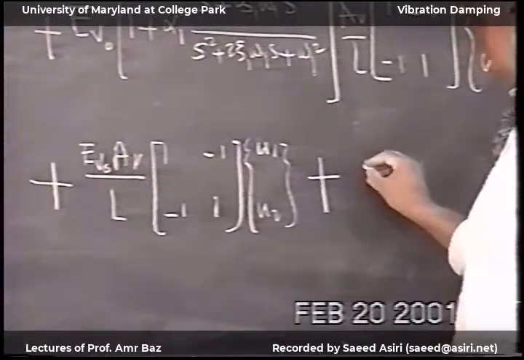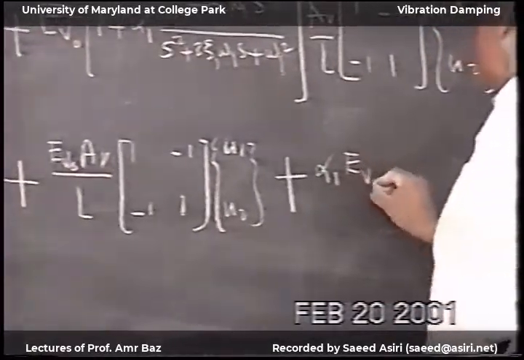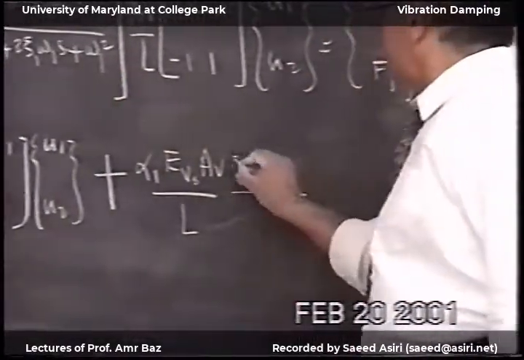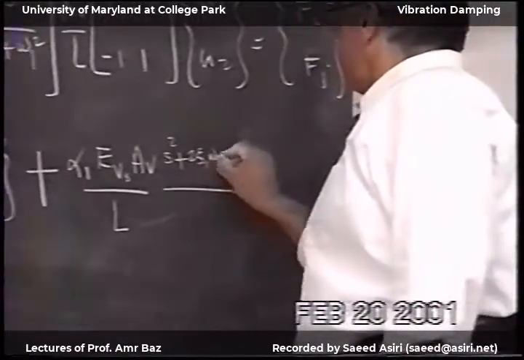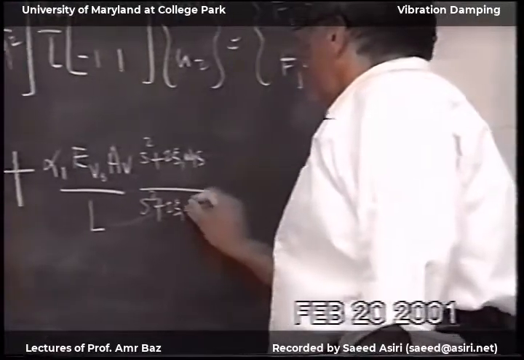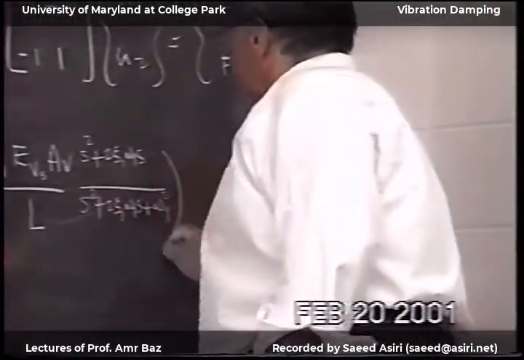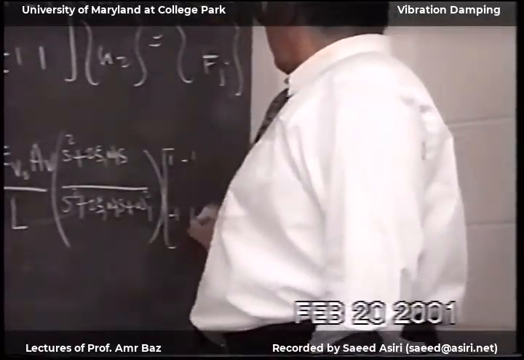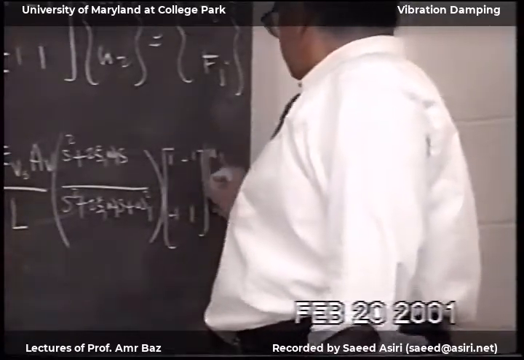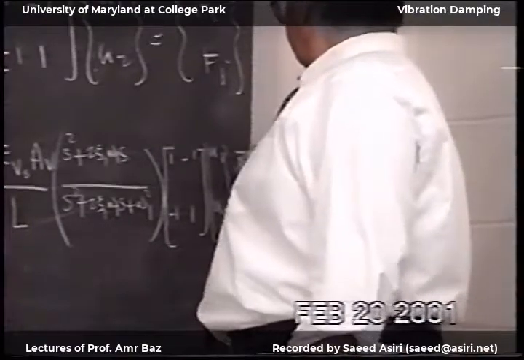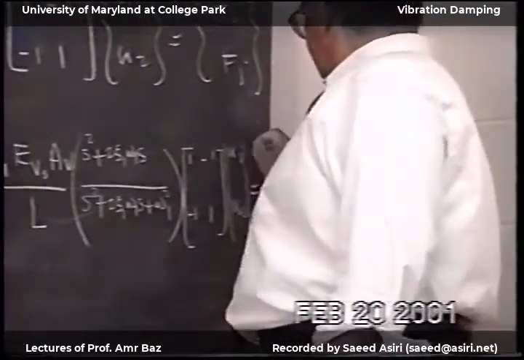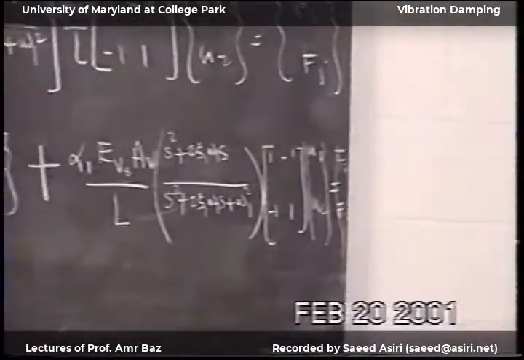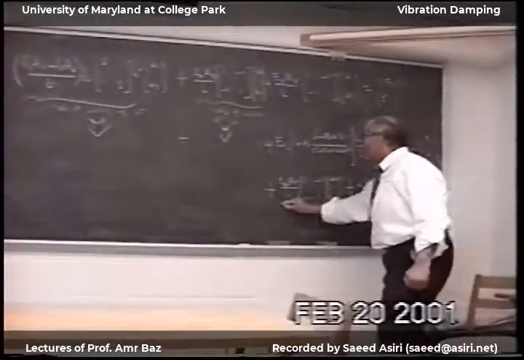So this would be alpha 1, EV0 AV over L times the S squared term, and then the matrix 1 minus 1, minus 1 and 1, U1 and U2, and then phi and F J.